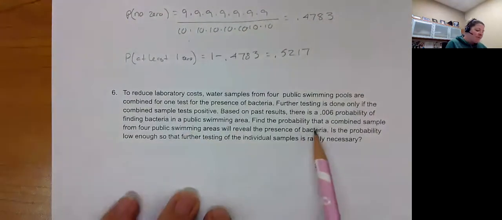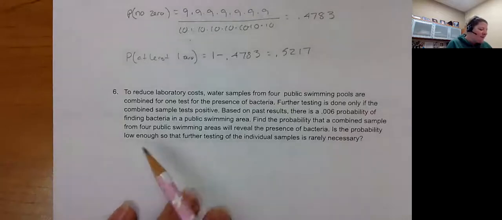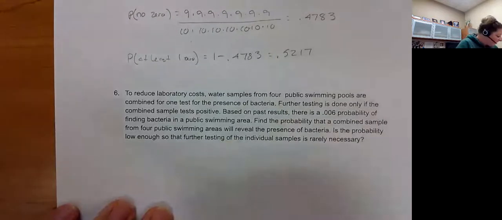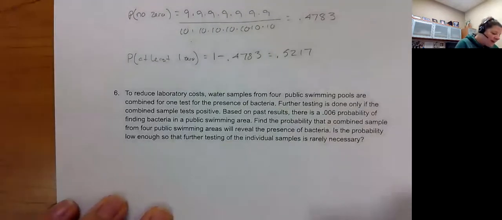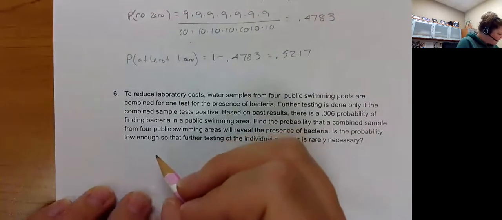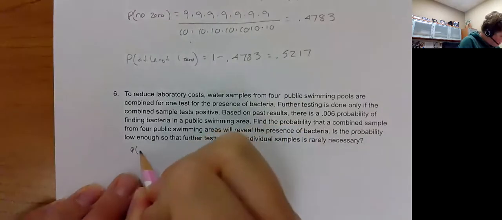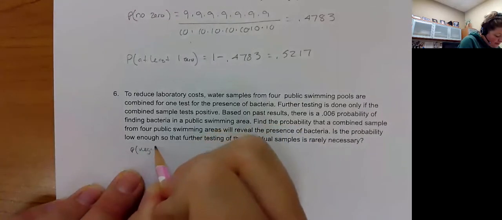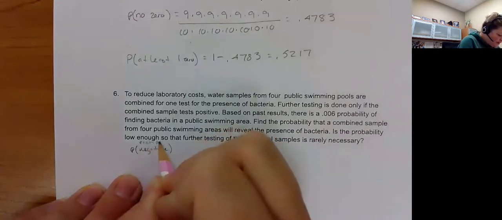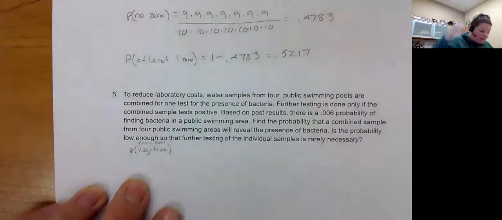So find the probability that a combined sample from 4 public swimming areas will reveal the presence of bacteria. And then we'll answer the other questions. So just find the probability. If we look, we know the probability for each pool, and this is just the one pool, right?